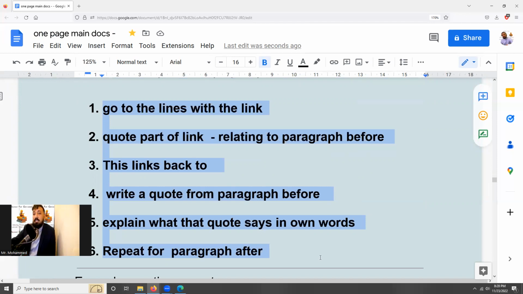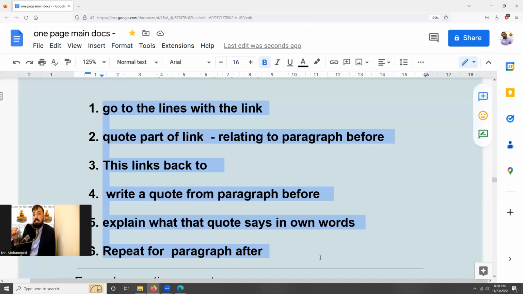The question will say go to lines 10 to 12, for example, and explain how this acts as a link at this point in the passage. So go to the lines with the link. Then you want to quote a part of the link, so quote some part of the sentence or the sentences. I'm going to show you exactly what this means in just a second.